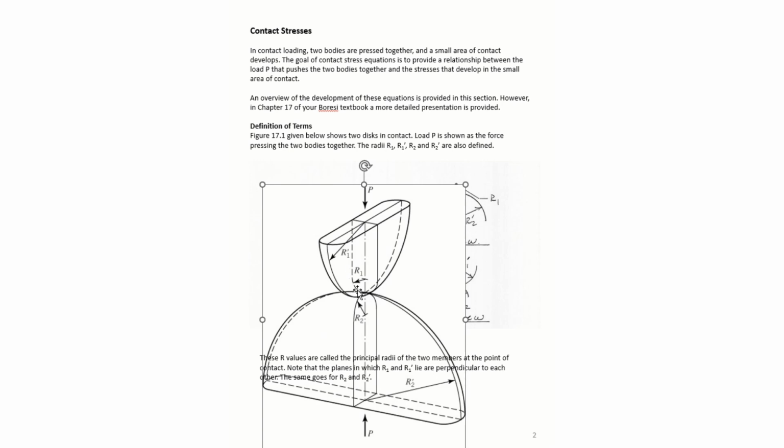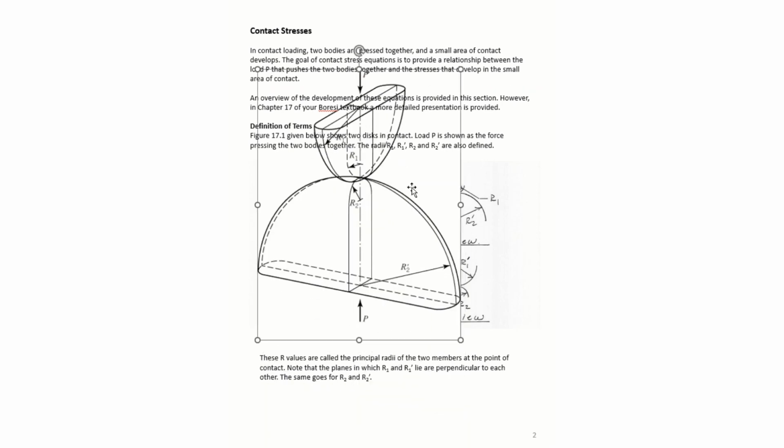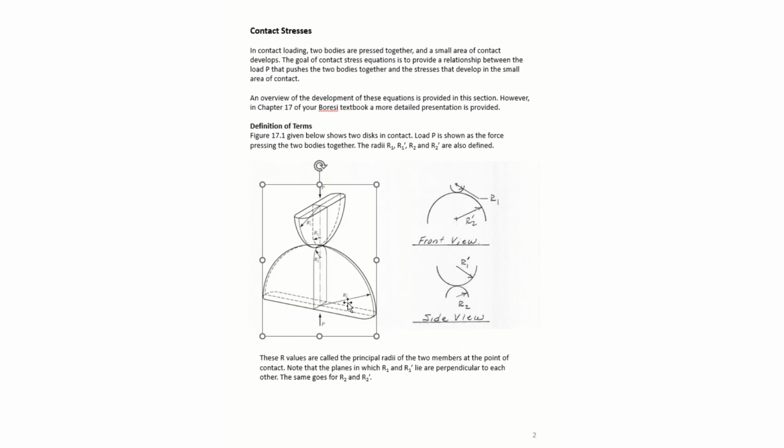R1 is this minor radius, R1 prime is this larger radius, and then when we go to our second body, R2 prime again is the large radius, R2 is the smaller radius. And so make sure you keep those definitions straight.